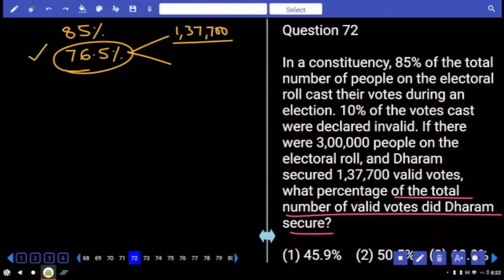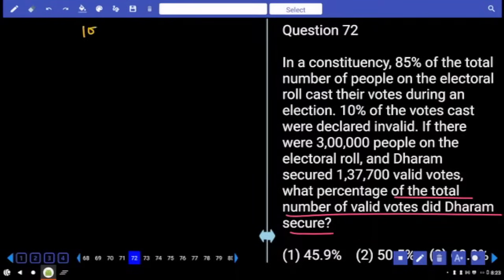From valid votes. They are called valid votes, but I want to know in terms of number of votes. So you have to calculate 76.5%. On which number? No. From 85% already 10% is subtracted, right?